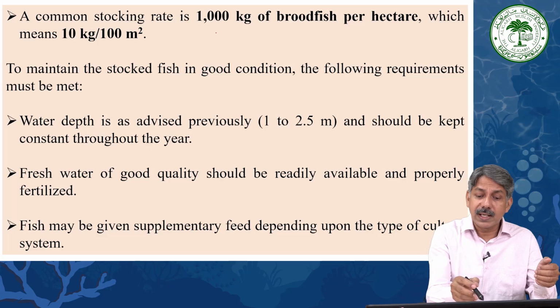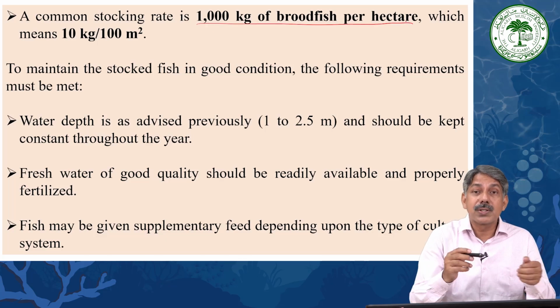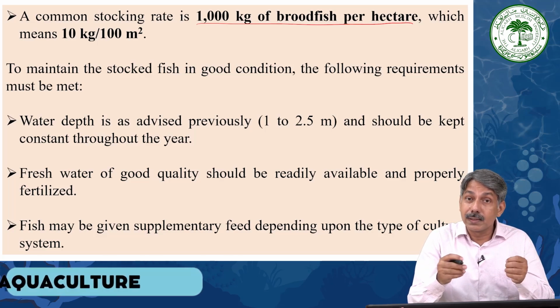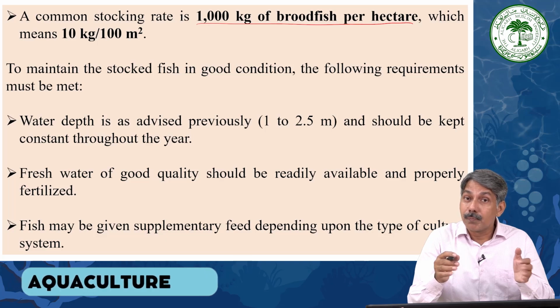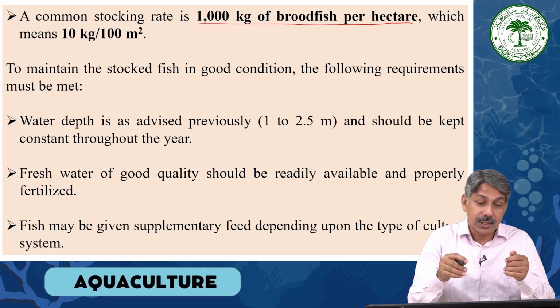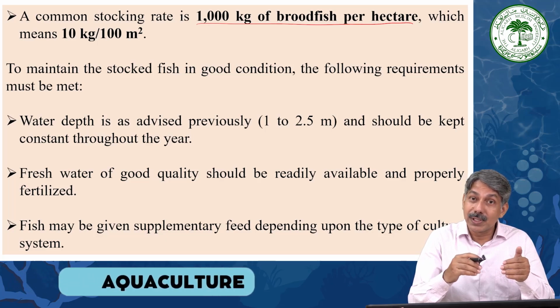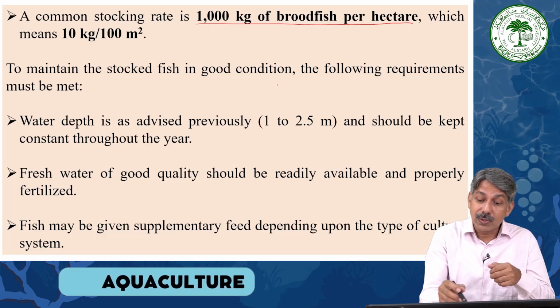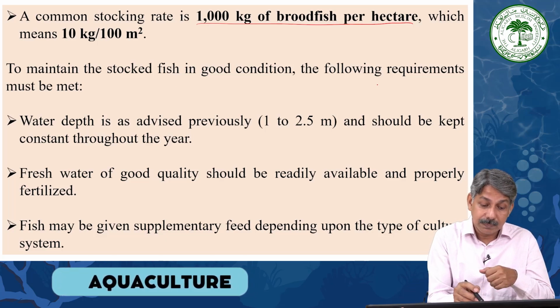A common stocking rate is 1,000 kilogram of brood fish per hectare, not too much to be stocked, so that we can get good gonadal growth and gonadal maturation. And again, that depends a lot on feeding. To maintain the stocked fish in good condition, the following requirements must be met.